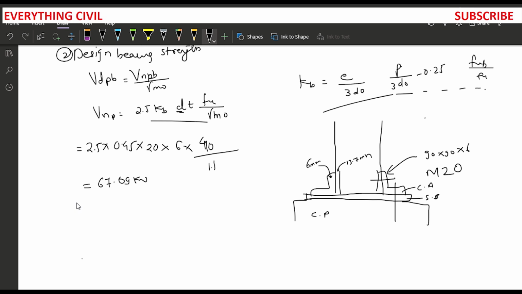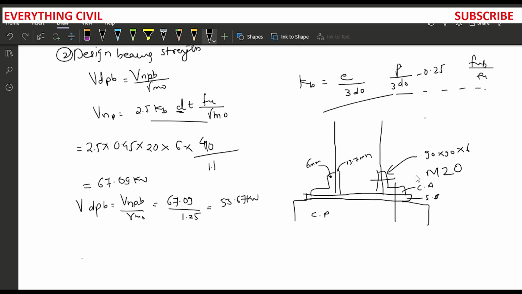Now the VdPb will be VnPb divided by gamma mb, which is 67.09 upon 1.25, and this gives me 53.67 kilonewton.